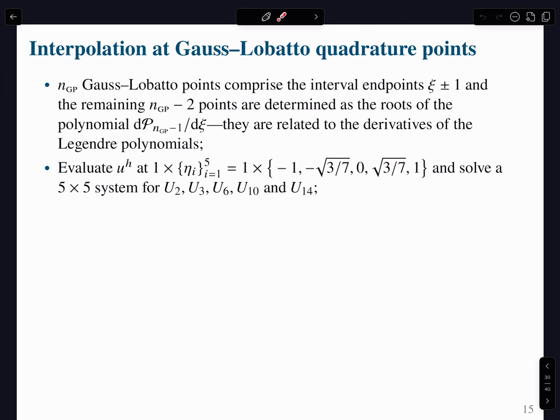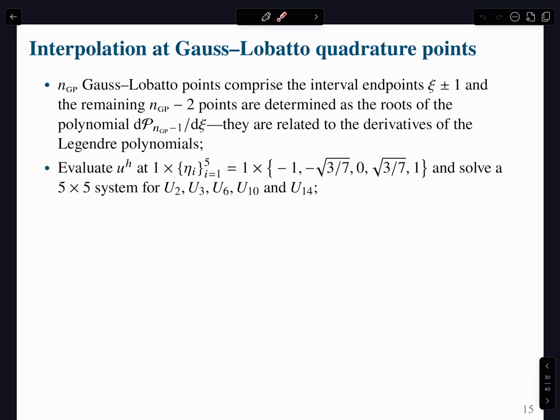And so what we do is, for this particular case, we evaluate the u_h, which is the field, at all those different points, right? And then once we evaluate, we come up with a linear system of equations that is a 5x5 system, because we're evaluating at 5 points, right?